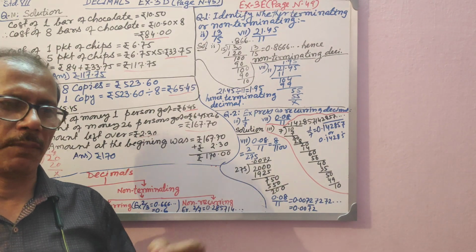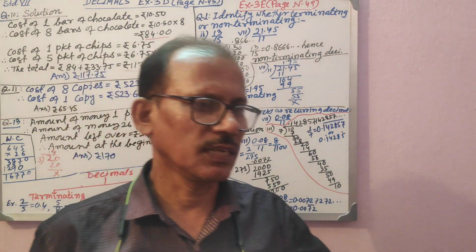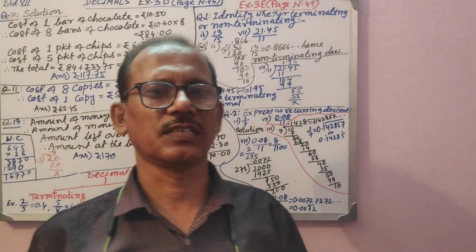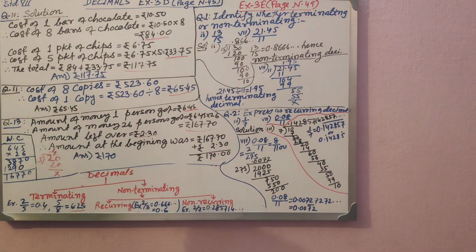It will continue, but every time the remainder will come the same, so that a digit or some of the digits in the quotient column is repeating. They are called recurring decimal or repeating decimal.